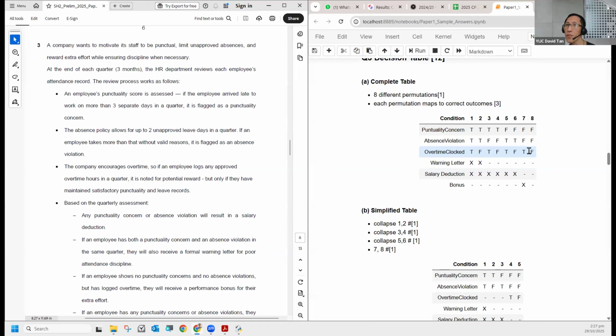Then of course the number of actions depends on the scenario itself. The number of columns that you draw depends on how many conditions there are. So when you read the question, go and identify what the conditions are.